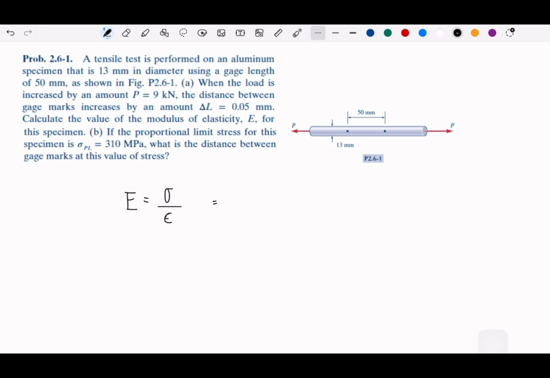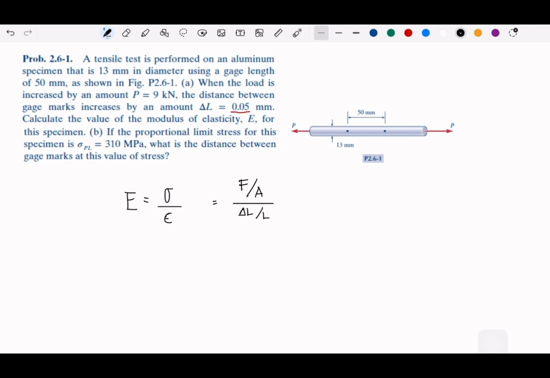So this will be F over A. And the strain will be the delta L. We get the delta L from this information here, 0.05. So delta L over original length, right?